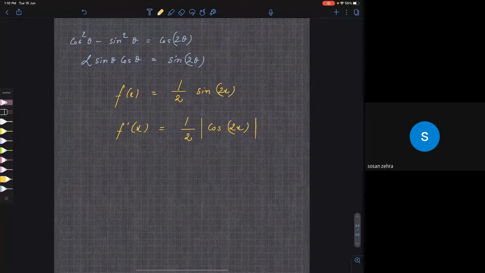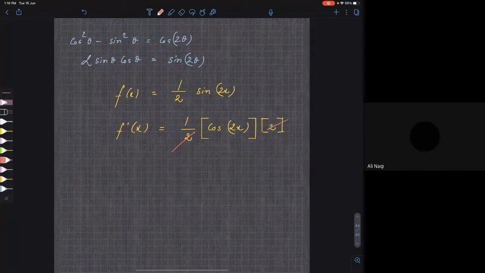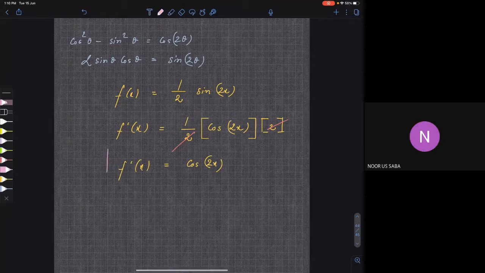Because in place of x, what do I have? 2x. So I have to apply chain rule. So what is the derivative of 2x? 2. So this 2 will cancel. So what is f dash of x? It is cos 2x. Clear? So I got my answer in this way also.